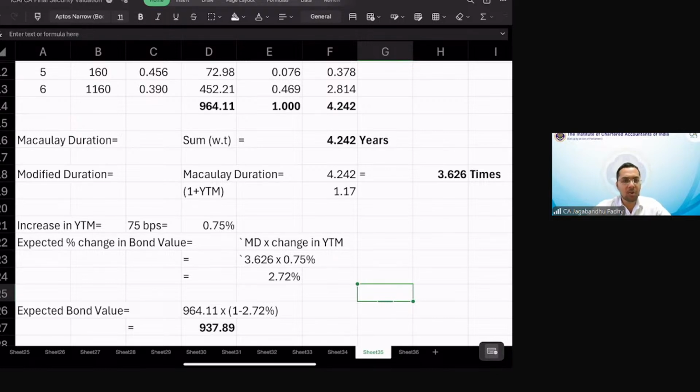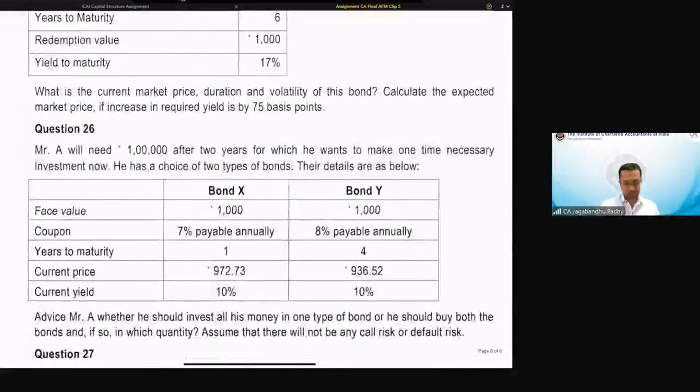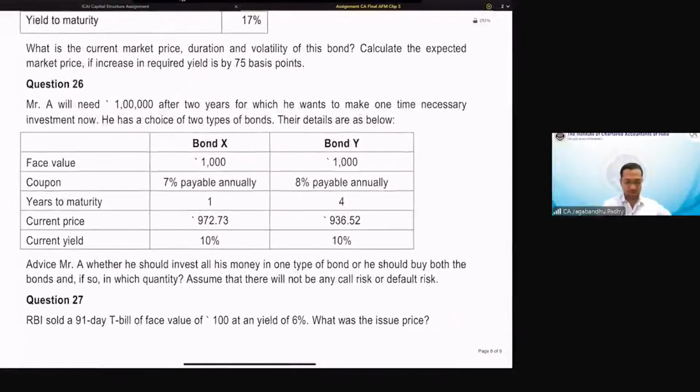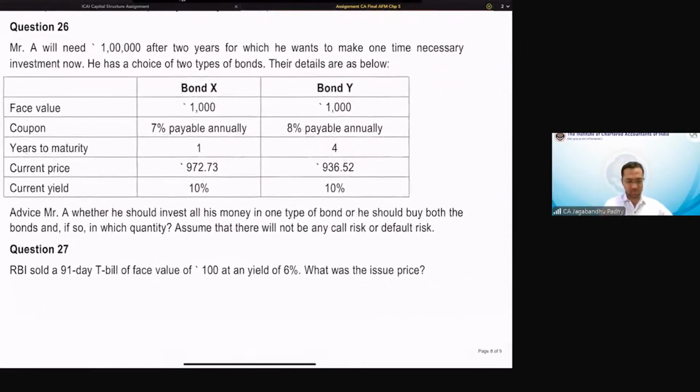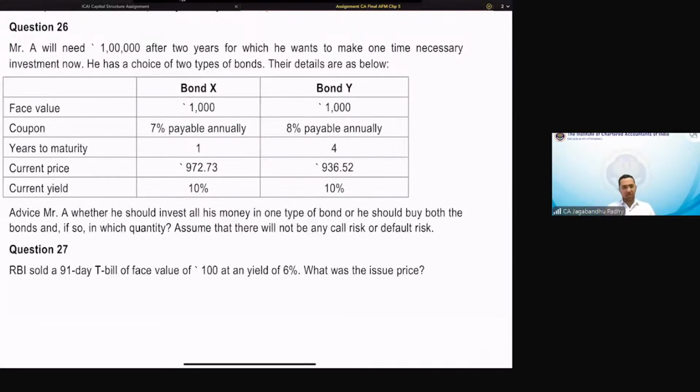Convertible bonds are done. Now let's do the next question, which is question number 26. Okay. Question 26, guys. Let's try to do this question 26. Interesting question.